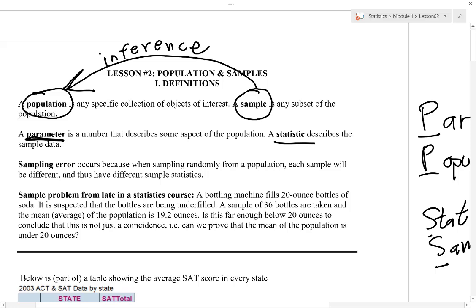Well, it depends on how you view it. It depends on how the population is defined. If your population simply consists of that game, then the 60% is a parameter, because that is the entire population.